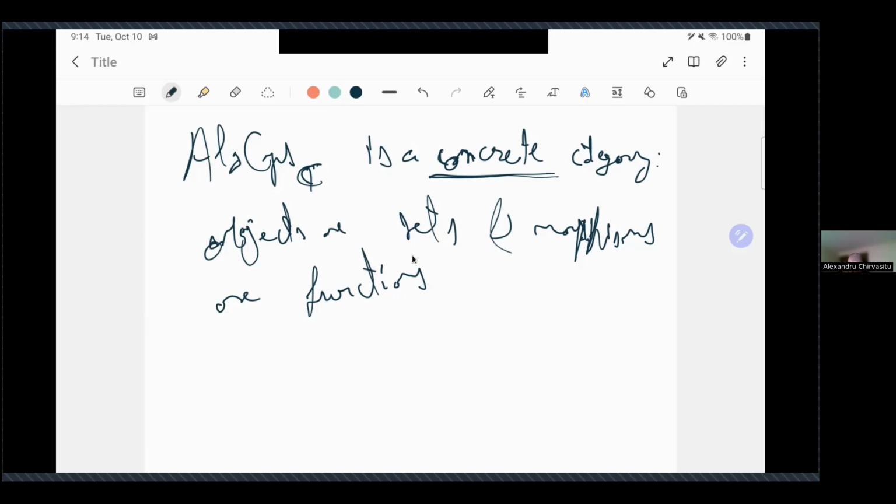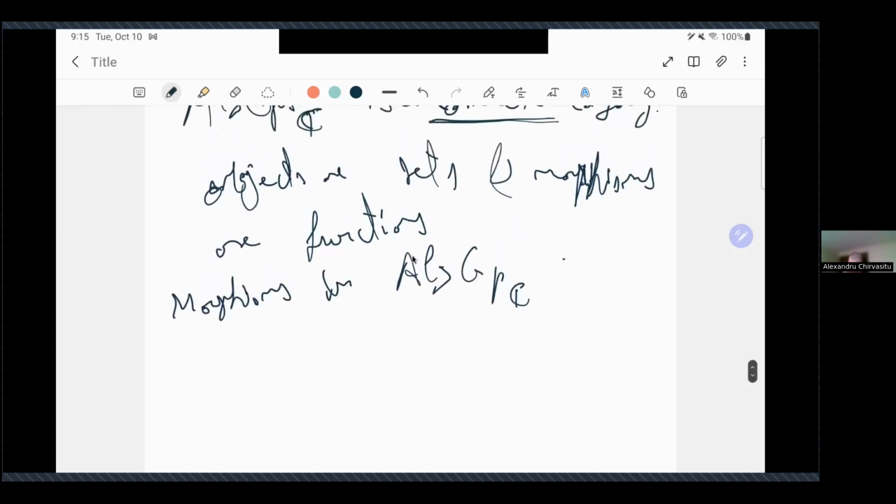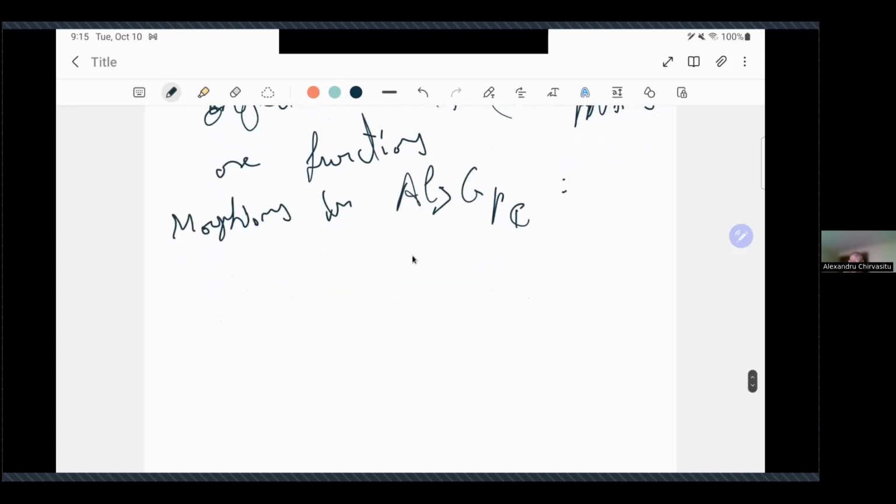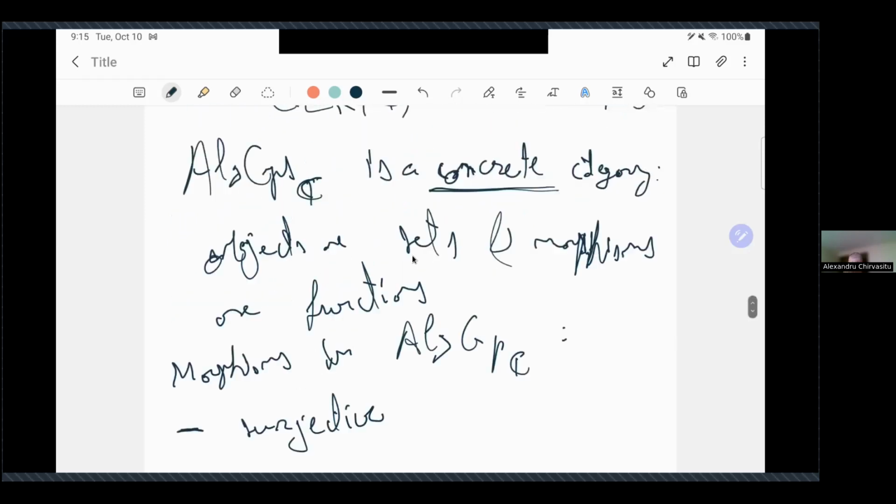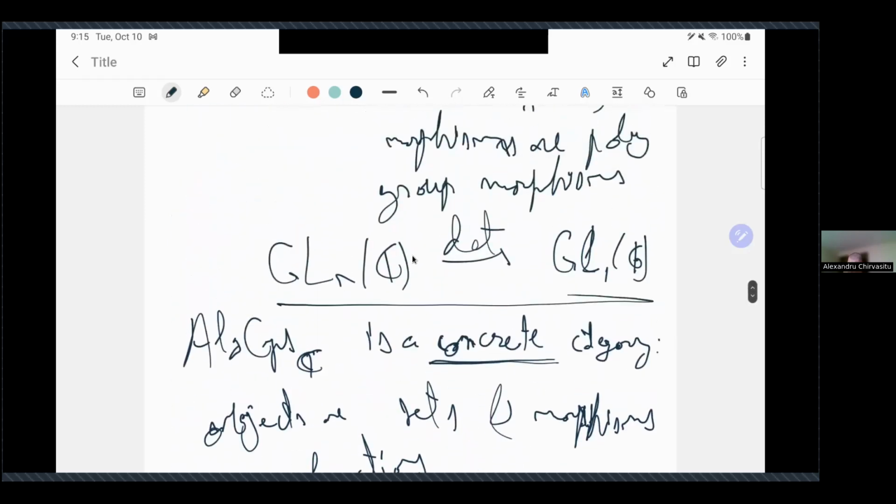So there are morphisms in alg-GP-C that are surjective just as set maps. That's one class. Like this one. This one's surjective, right?